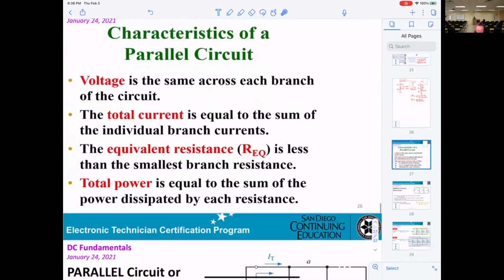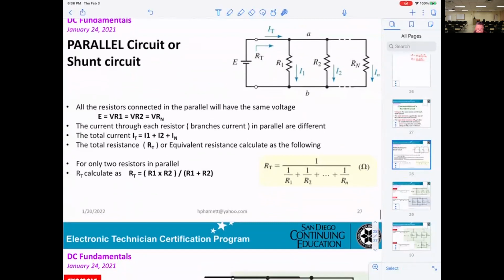Okay, now you see you get this circuitry here. You get R1, R2, R3, or Rn, no matter how many more resistors. So when I'm looking into the circuitry, they will be in parallel connection.